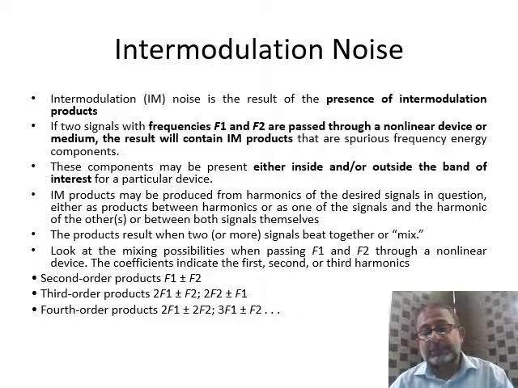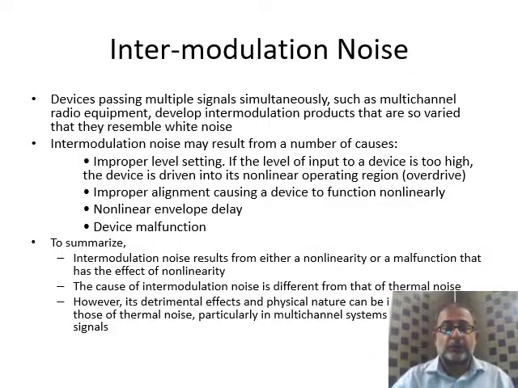It means that the addition of the frequencies and the addition of multiples of these frequencies would result in the production of a large number of intermodulation products, which would cause somewhat like thermal noise or white noise, but actually it is not white noise.